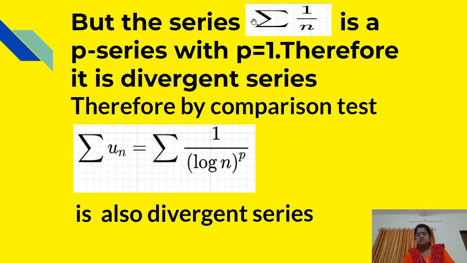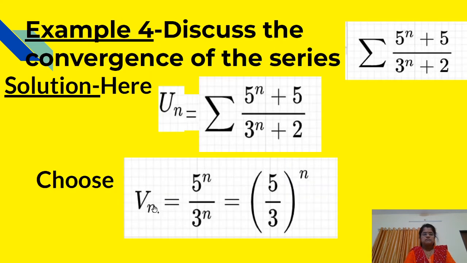But the series summation 1 upon n is a p series with p equal to 1. Therefore, it is a divergent series and therefore by comparison test summation un, which is equal to summation 1 upon (log n) raised to p, is also a divergent series.